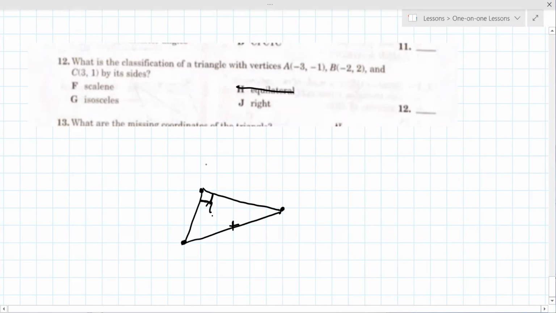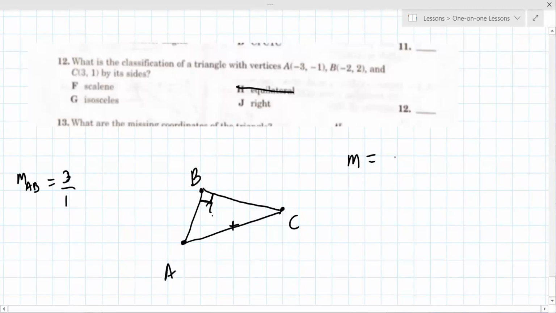But what it really comes down to is, is this right here perpendicular to this right here? So we had A, B, and C. We need to find the slope from A to B. Now, if you've got it graphed, it's rise over run. It's 3 over 1.